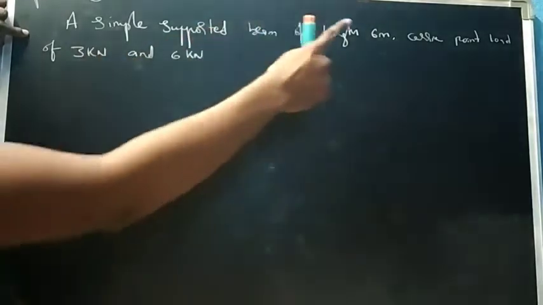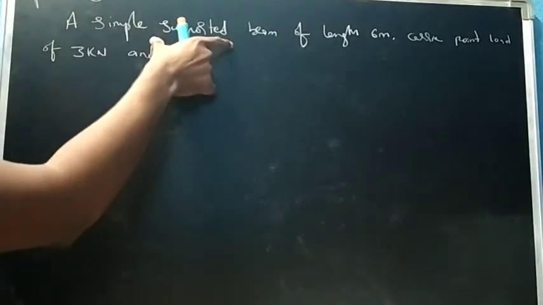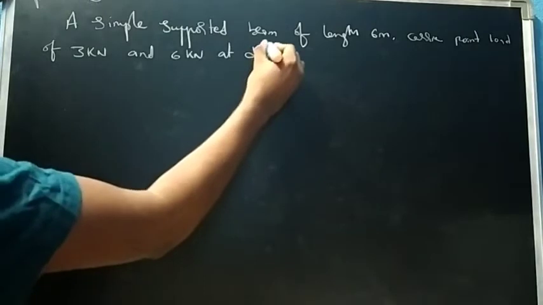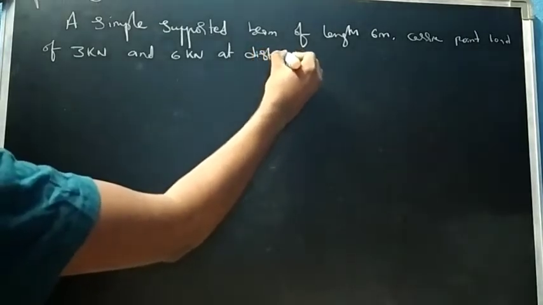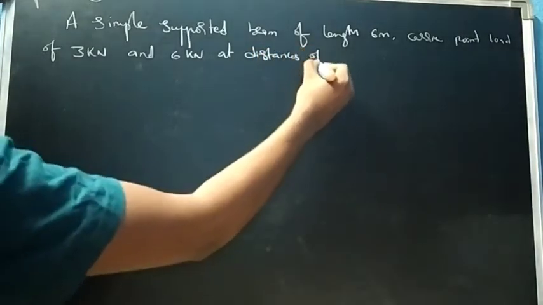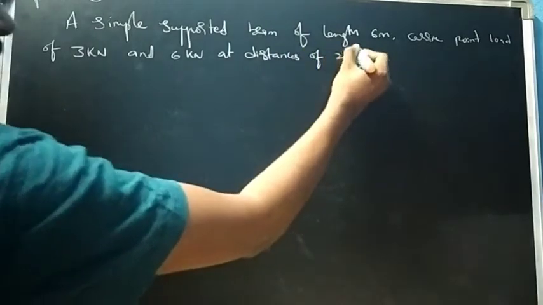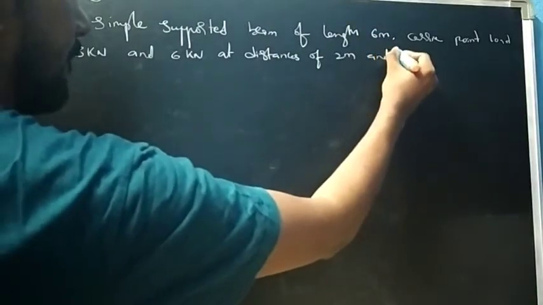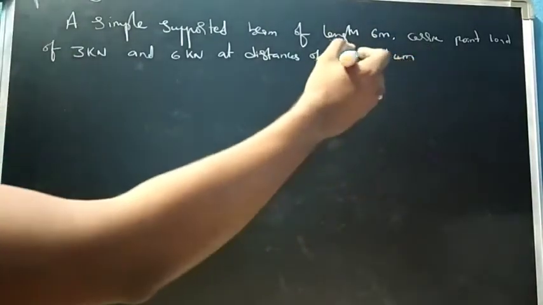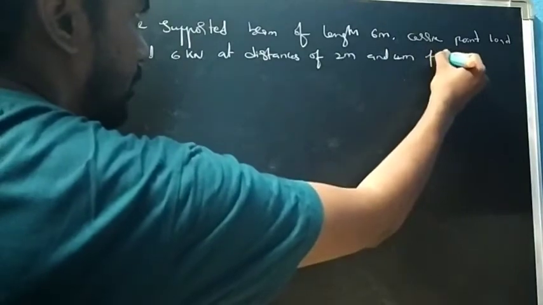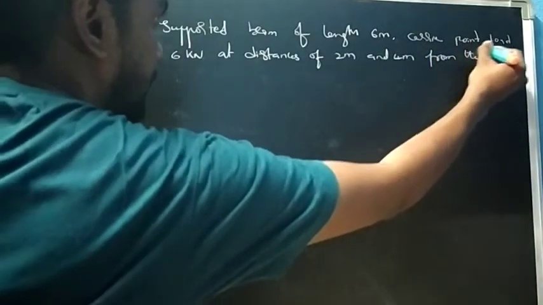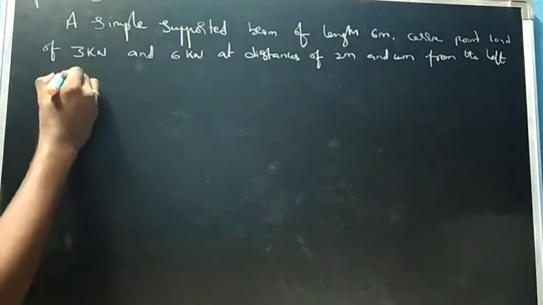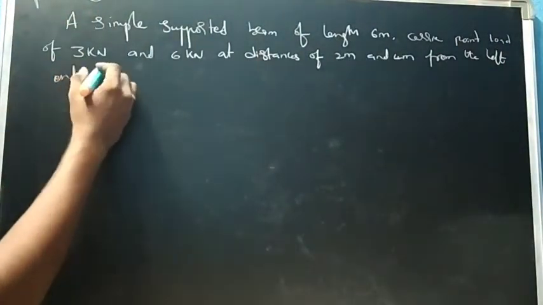That means 2 point loads are acting on a simply supported beam at distances of 2 meters and 4 meters from the left end.